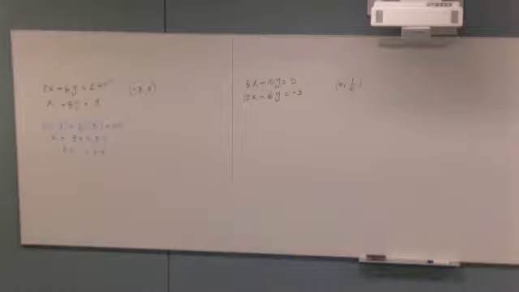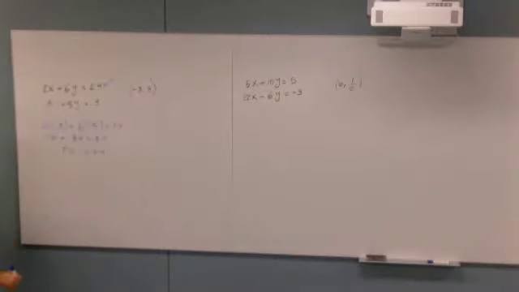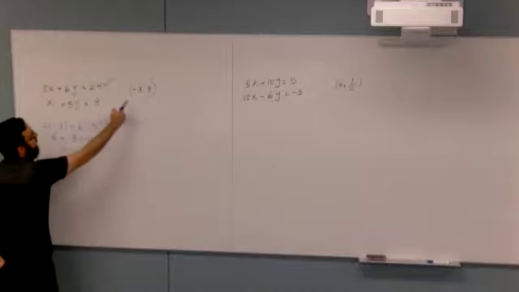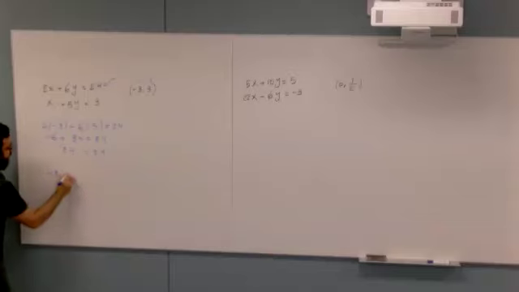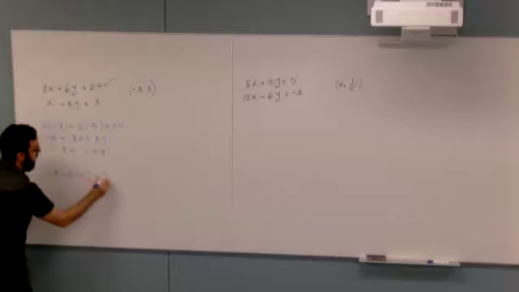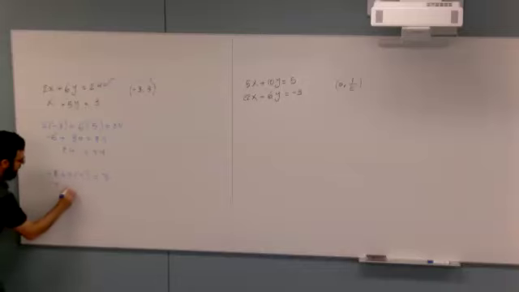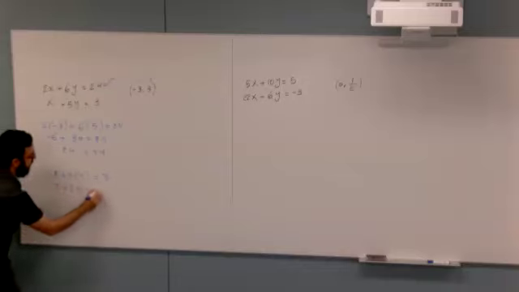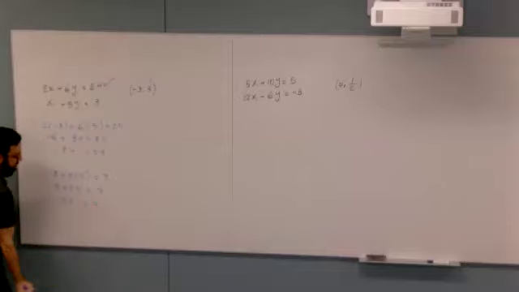Wait, is that hard? We're gonna do the same thing, -3 and 5 in the second one. So I'm gonna plug in -3 and 5 here. That means -3 plus 5 times 5. Is that equal to 3? -3 plus 25. Is that equal to 3? How much here on the side? 22. Is that equal to 3?